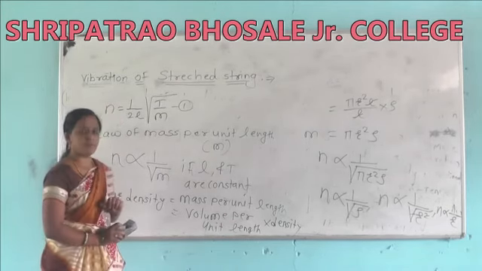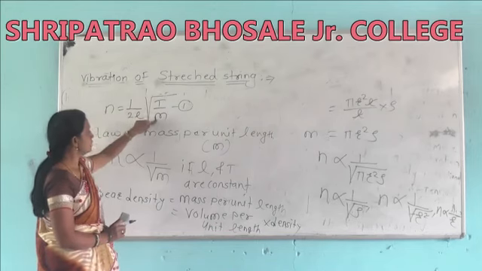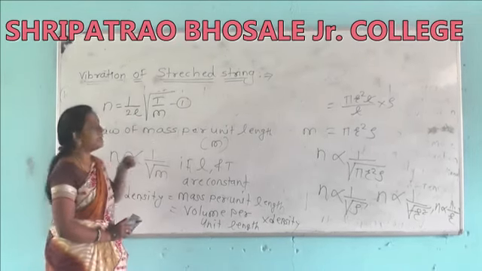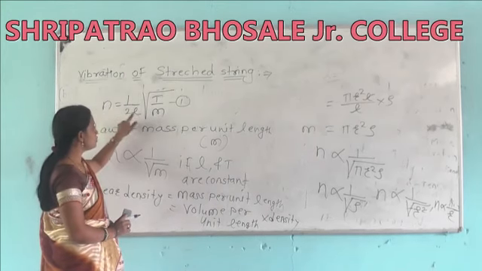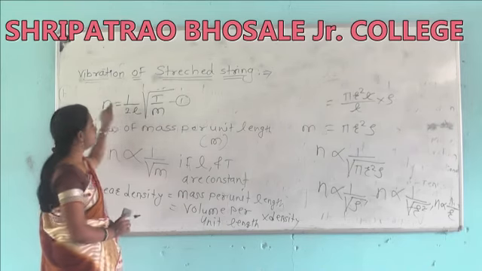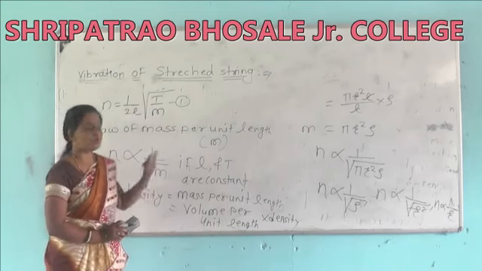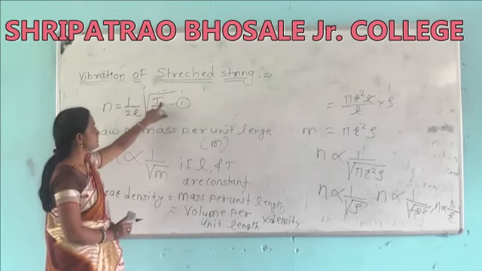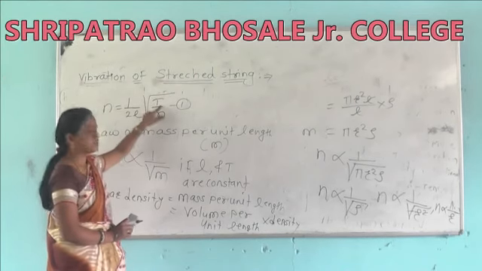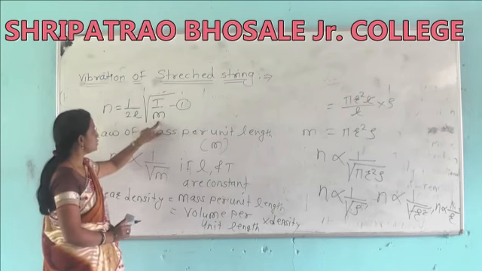The first law is the law of length: if T and M are constant, then the fundamental frequency of vibration of the stretched string is inversely proportional to the length of the string. The second law: the fundamental frequency is directly proportional to the square root of tension if L and M are constant.